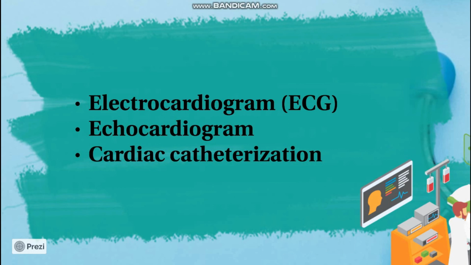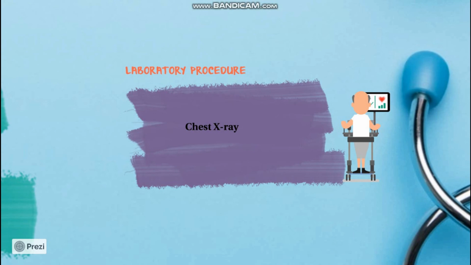And last, cardiac catheterization to confirm diagnosis and to determine severity. For laboratory procedure, chest X-ray is used to show a picture of your heart, lungs, and blood vessels, and it can help the doctor to make a diagnosis. It can also help to show if there is an enlargement of the heart.